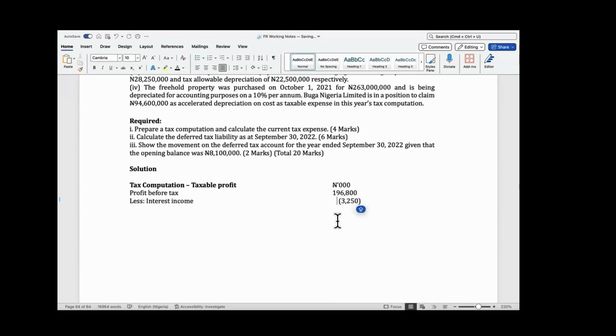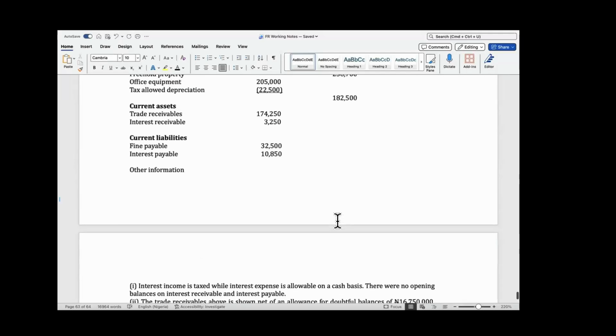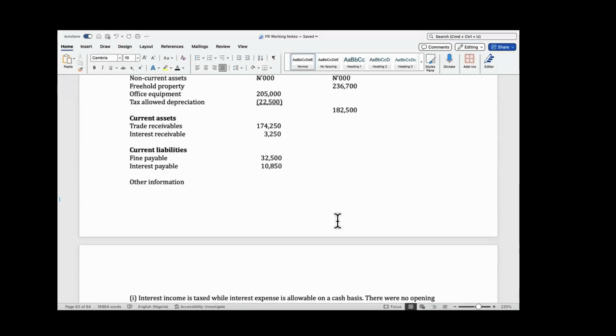Sorry, if there was interest income in the prior year, and the interest receivable is different, maybe interest receivable is 5,000, but they say interest income is, I don't know. How will you know the one for the year?